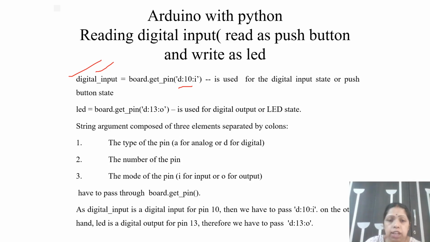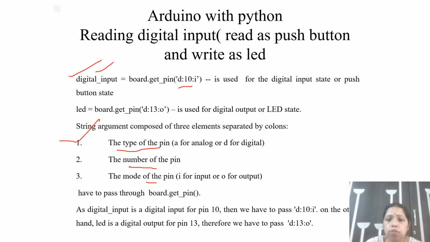The instruction is written here. Within get_pin, you have to pass the pin type, the pin number and the mode of the pin, through board.get_pin. Now, suppose the LED is connected to an output pin.